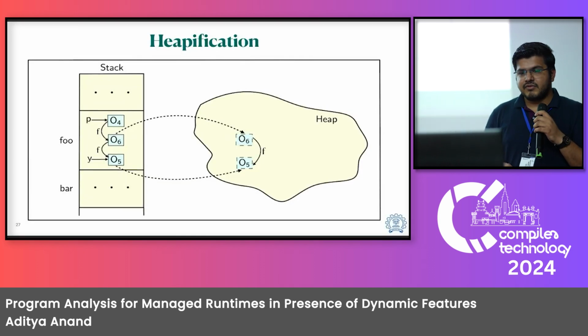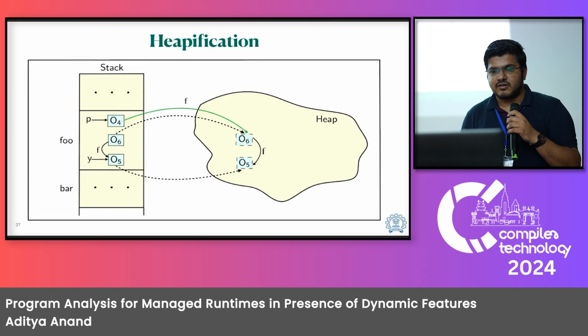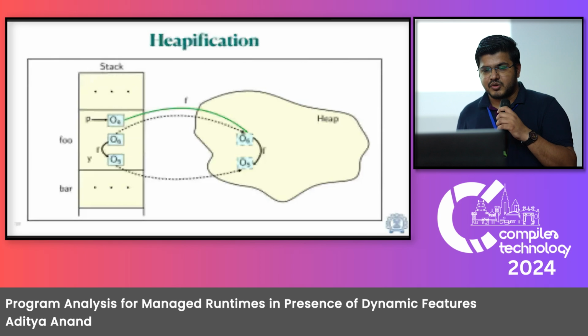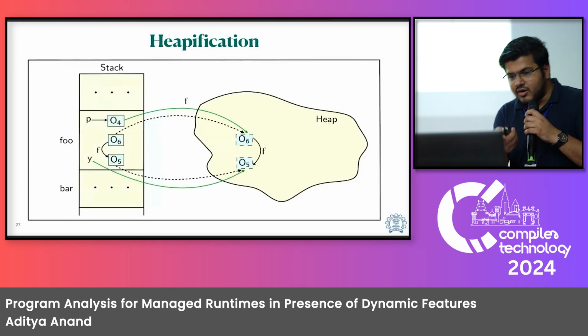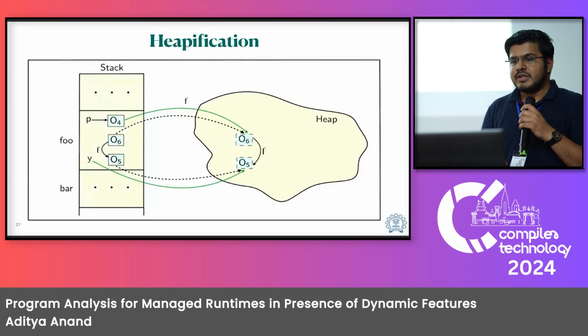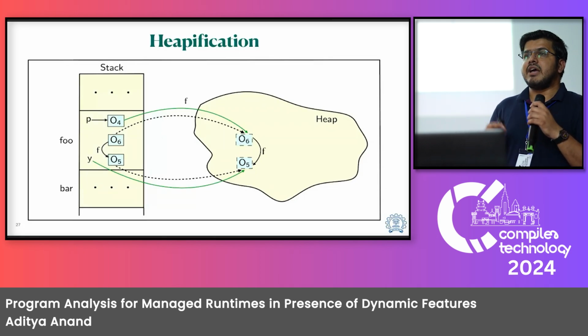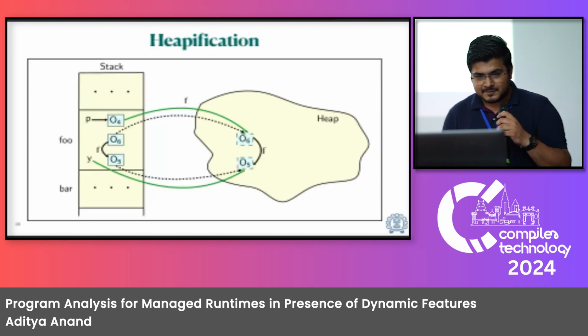Then next, we correct the reference from object O4 to O6, from stack to heap. Similarly, for the reference variable Y to O5. This is what we do if we find that we have wrongly allocated an object on the stack.